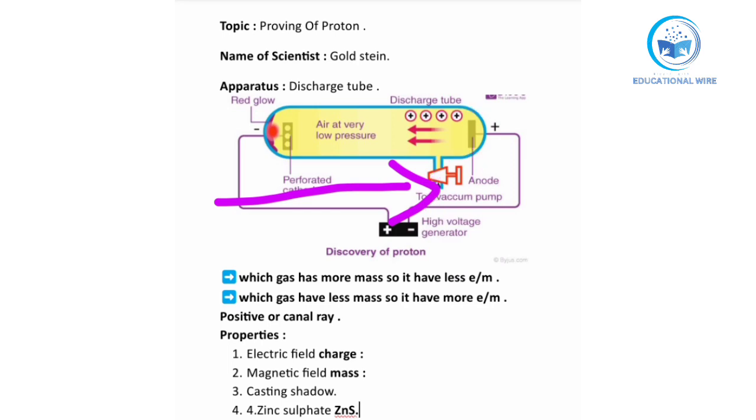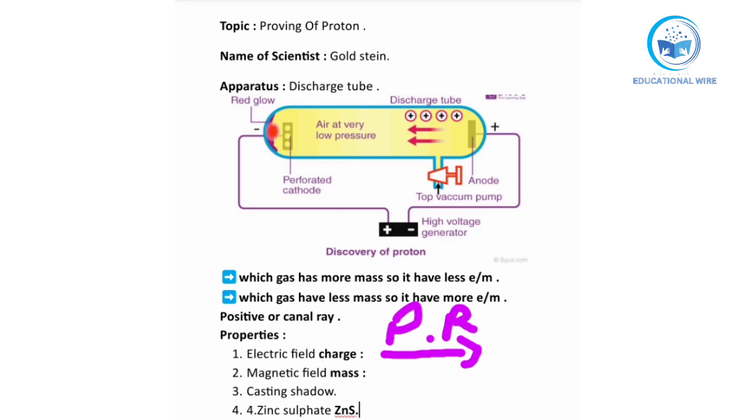Okay, but in a positive charge, or you can say in canal rays, it doesn't happen like that. What happens over here? This is a positive ray.